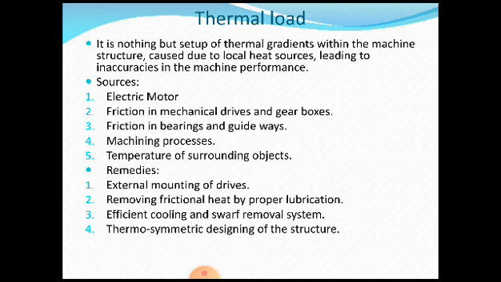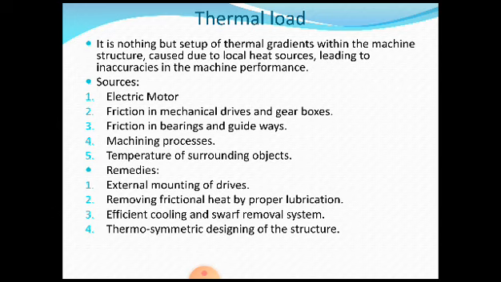Otherwise, it can cause more heat to the machine structure, thereby deforming it. Friction in mechanical drives and gearboxes: whenever I want to reduce the speed ratio, we require to use gearboxes. So the friction in the mechanical drives and gearboxes can also create friction and heat in turn.